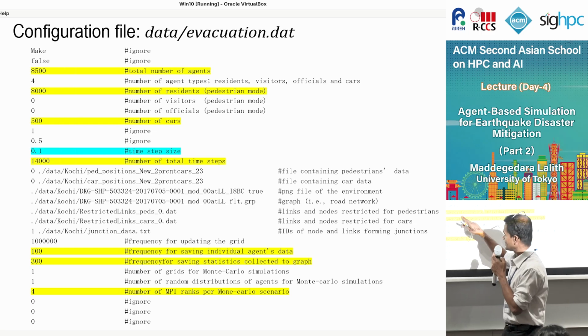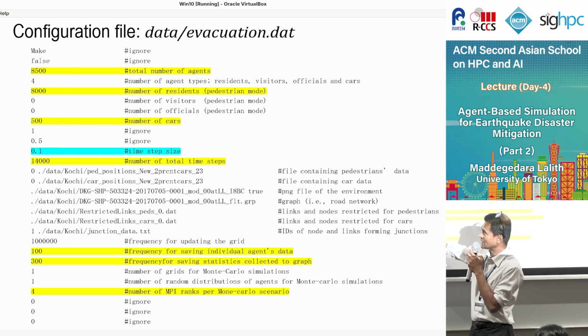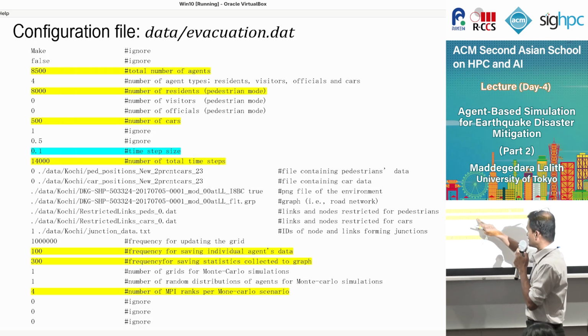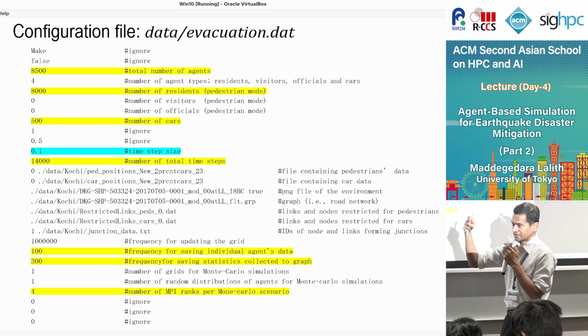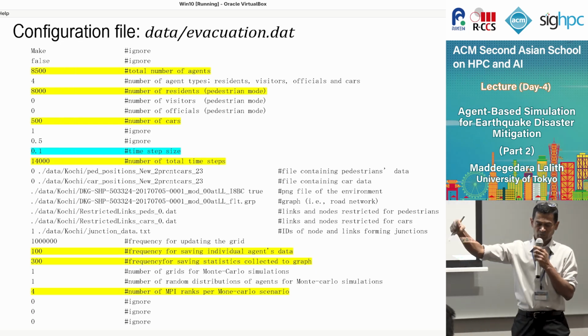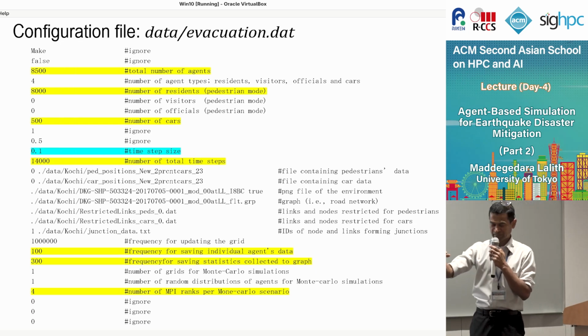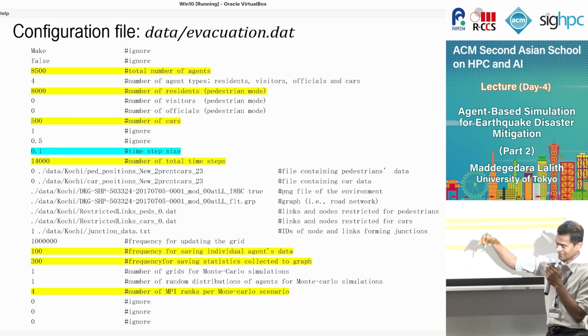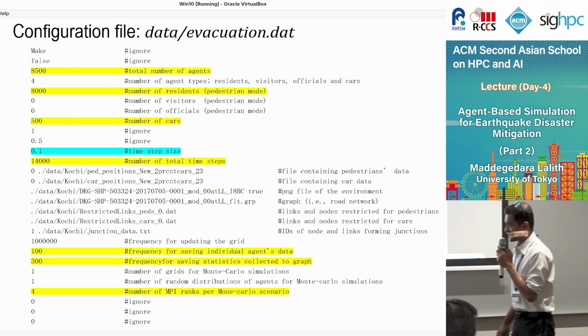So we tell it here, save the data of agents at every 100 time steps, and save the statistics collected onto the graph, like on each road link, how many pedestrians are there right now, at every 300 time steps.